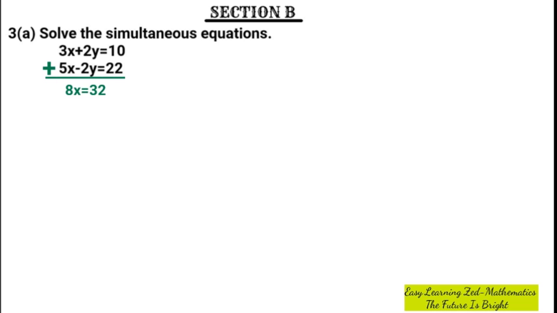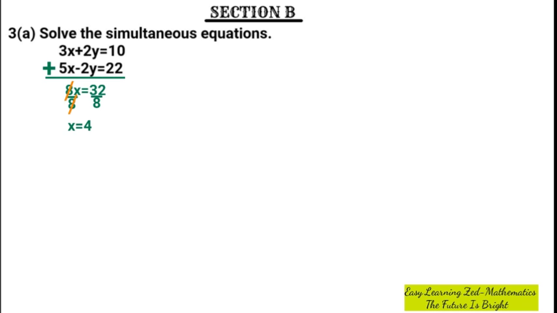Then I'm going to divide both sides by 8. So 8 on top and 8 down cancel, leaving us with x. So x is equal to 32 divided by 8, which gives us 4. So the value of x in these two equations is 4.